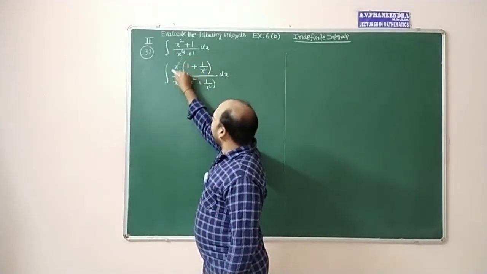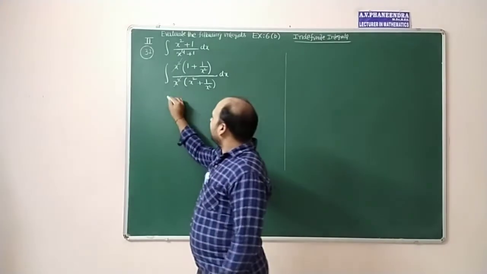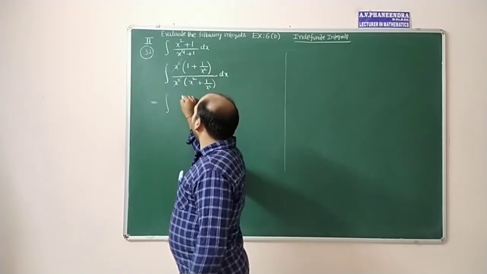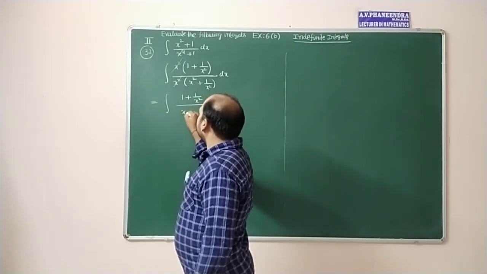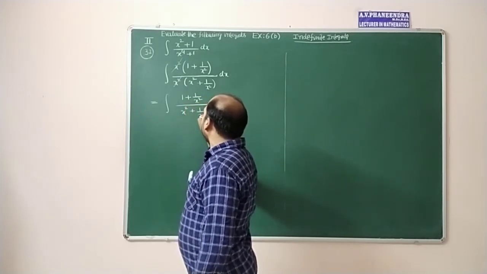So x² gets cancelled: integral (1 + 1/x²) divided by (x² + 1/x²) into dx.